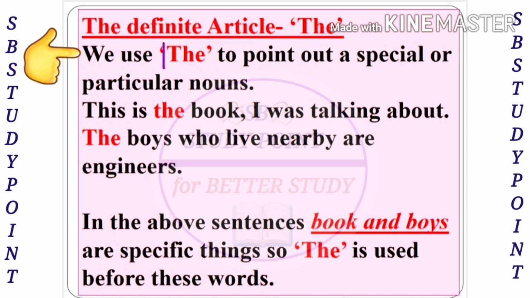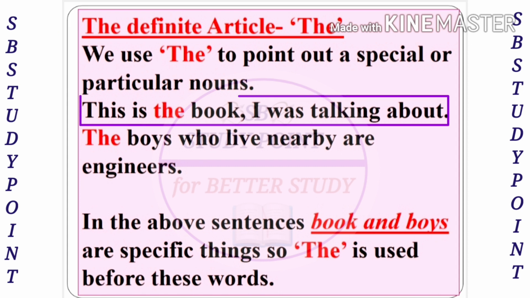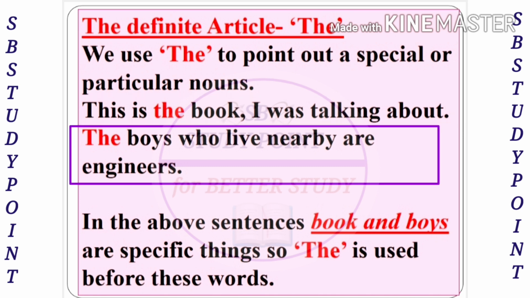We use the to point out a special or particular noun. Read the given sentences. This is the book I was talking about. Second sentence: The boys who live nearby are engineers.